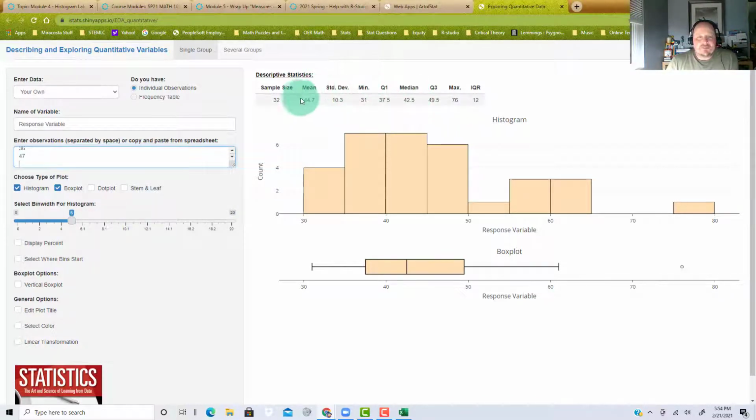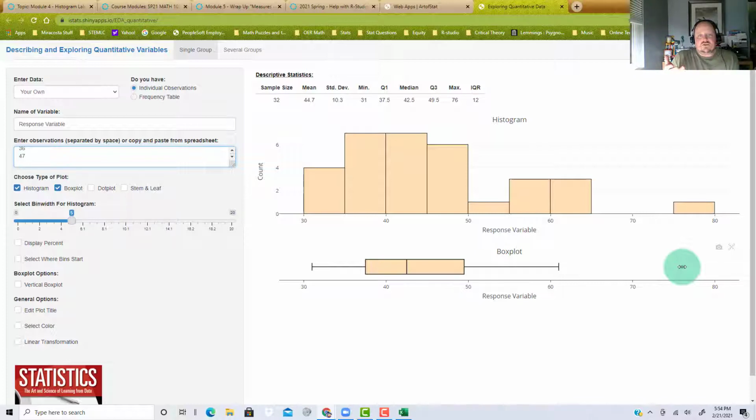Now you'll notice the mean value, 44.7, is higher than the median, and a big portion of why the mean is higher is because of this outlier, a value that's so far above all of the other ones that when we think about fair sharing it, it brings everybody up.